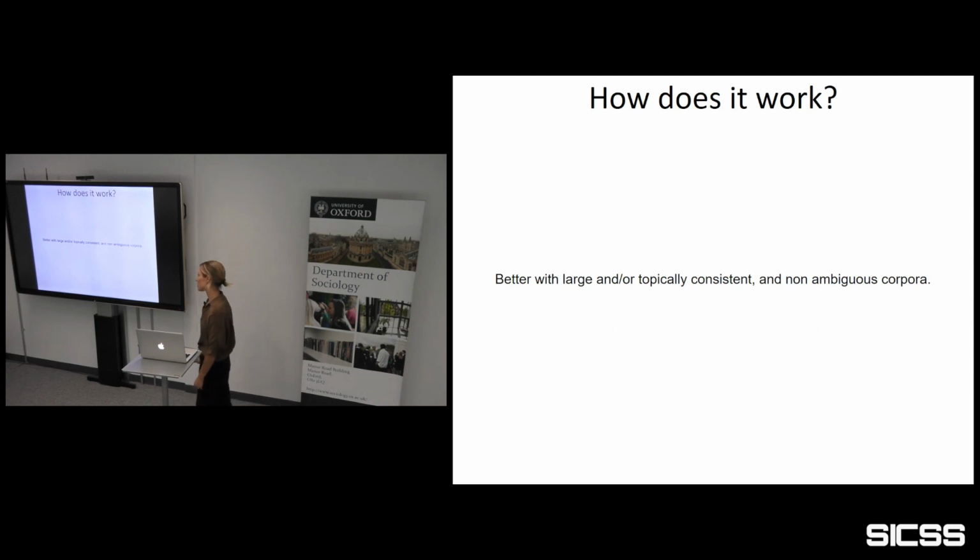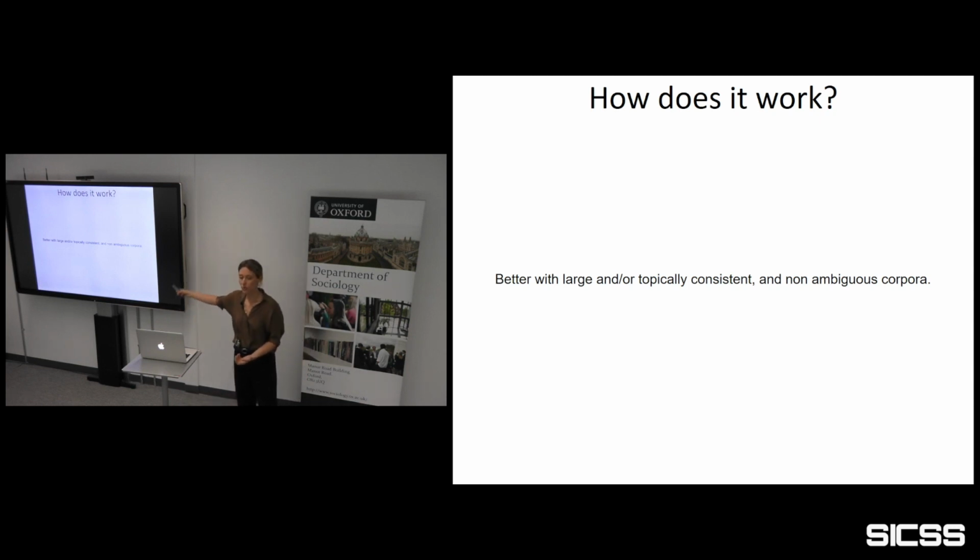I think it's really important when we're using a lot of these methods to question where it might break, right? Topic modeling can break in a variety of different ways. Word embedding does particularly well with large corpora because it needs to see things repeatedly.